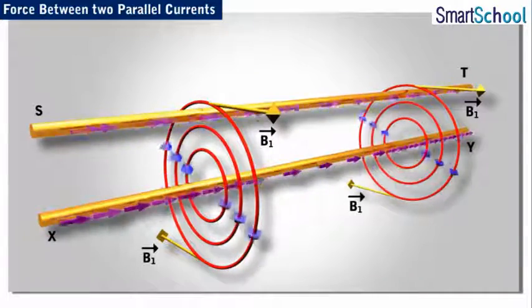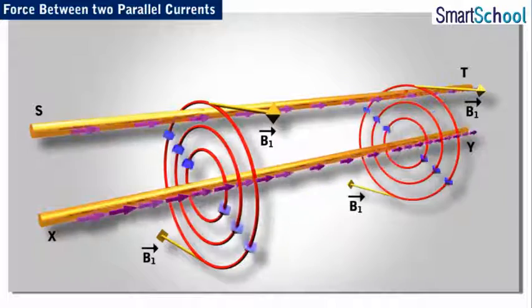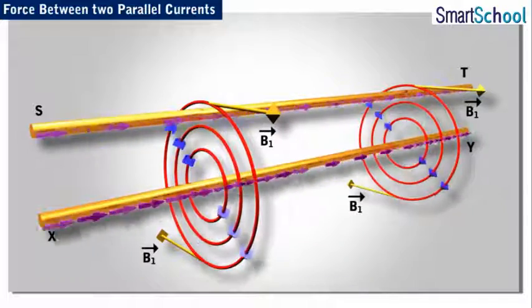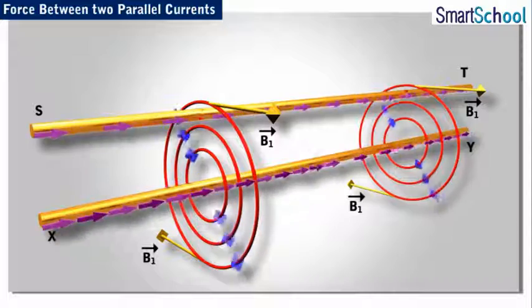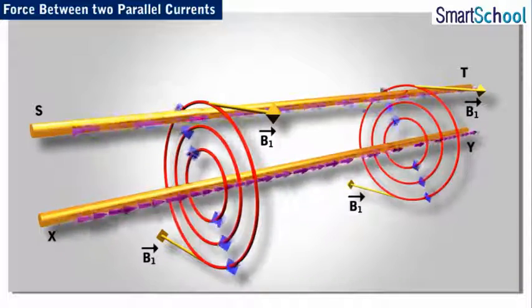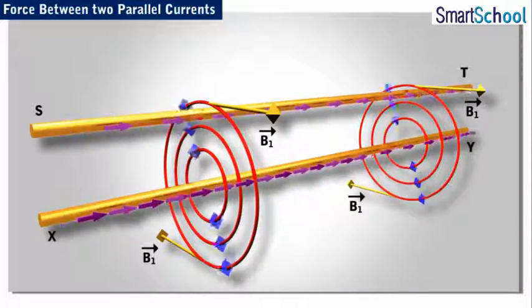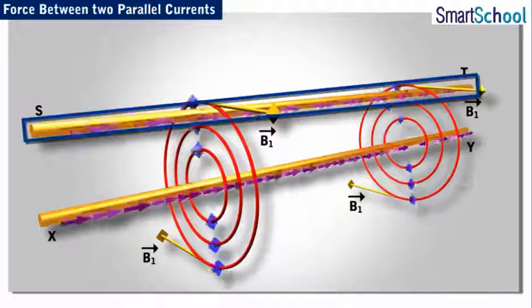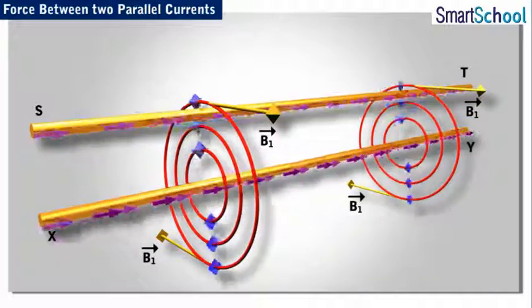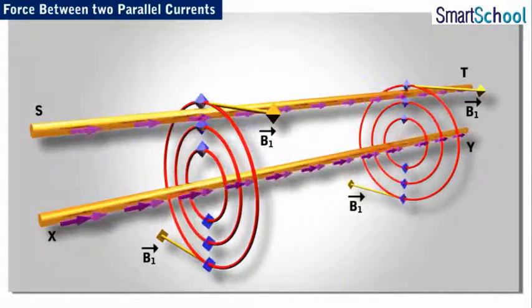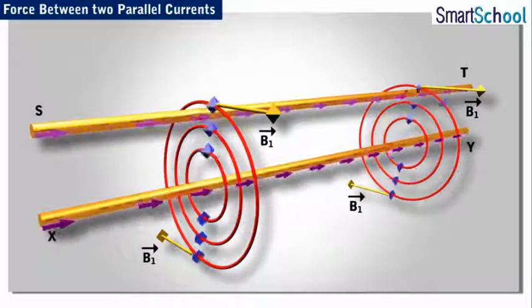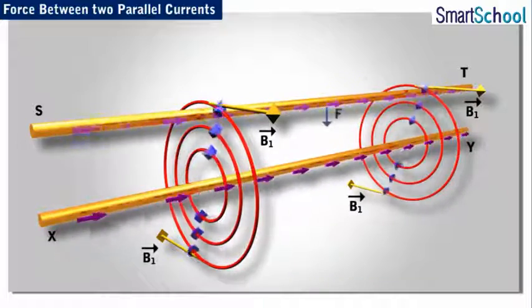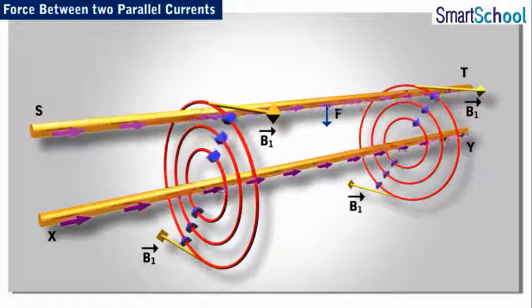Now, we introduce another straight current-carrying conductor ST of infinite length above XY. This new conductor is in the external magnetic field of the conductor XY such that ST is parallel to XY. Now, we will notice that due to the external magnetic field of the conductor XY, the conductor ST experiences a magnetic force.